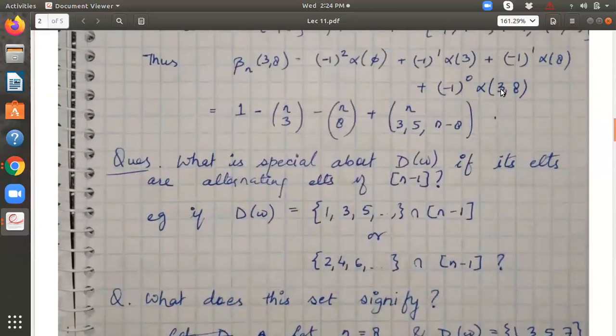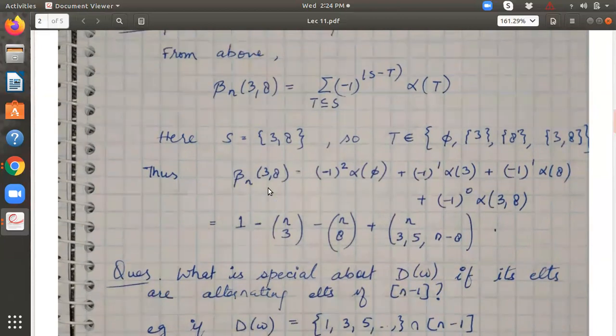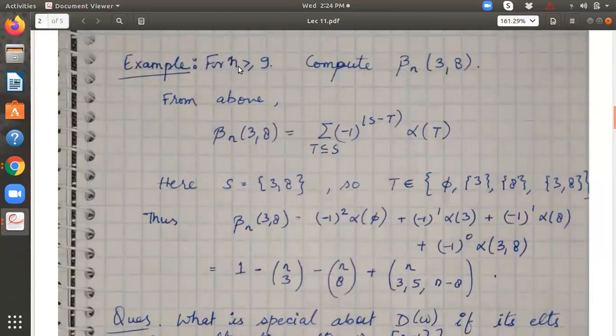So the first element is 3, the second is 8 minus 3, which is 5, and the last element is n minus 8. This gives you the number of permutations on n elements, for any n greater than or equal to 9, whose descent set is equal to the set {3, 8}.